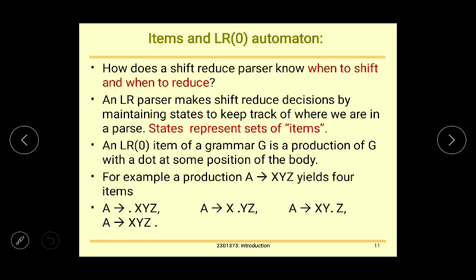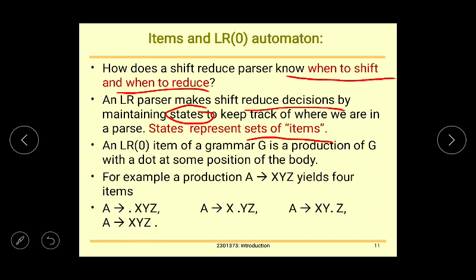The main advantage of LR(0) automaton is to know about the shifting decision, that is when to shift and when to reduce. So this LR parser makes shift reduce decisions by maintaining states to keep track of where we are in the parse. Here we will use a dot. Dot plays a very important role in LR(0) automaton. This state represents sets of items.